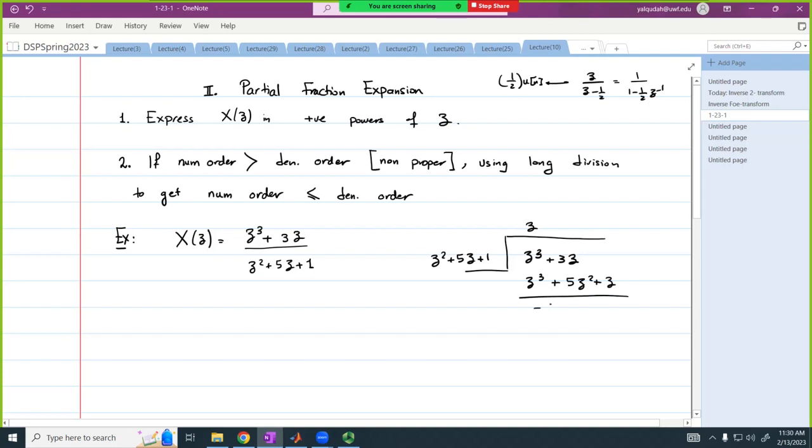We subtract, we're going to get negative 5z squared plus 2z. So we can write this as equal to z plus negative 5z squared plus 2z divided by z squared plus 5z plus 1. And then I can use partial fraction expansion on this term, and I can readily find the inverse of the first term. Is that clear, everybody? Okay.